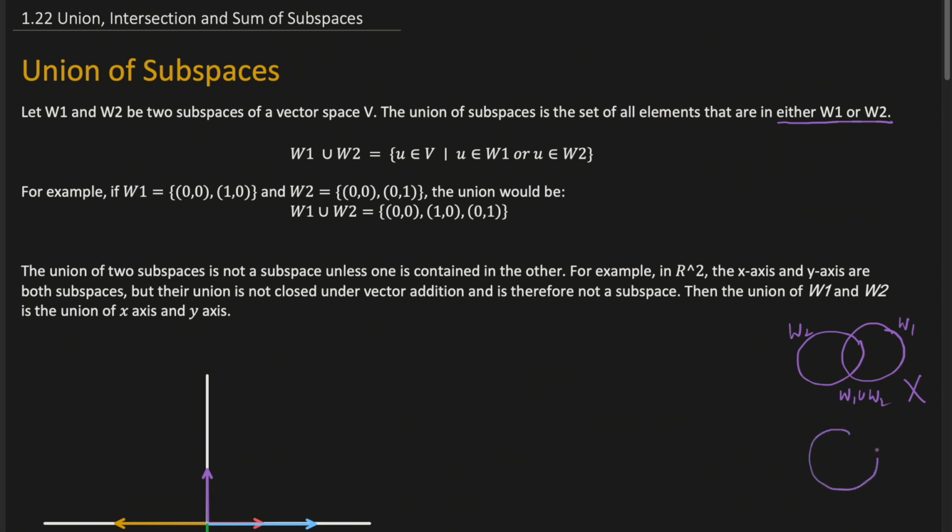But if we take a W1 subspace and a W2 subspace that is inside W1, then in this case W1 union W2 is a subspace. It is a valid subspace. We will see a few examples in a minute. So it is saying it is not a subspace unless one is contained in the other. One of the subspaces should be inside the other subspace.